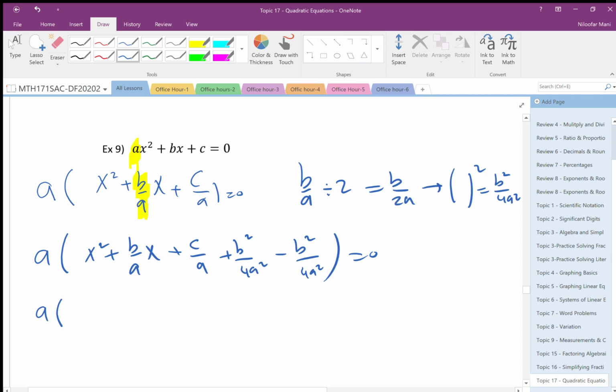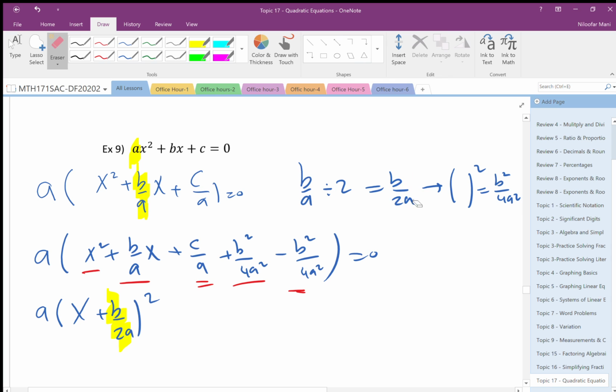Okay, so I consider this and this and this. These two together, it is x plus b over 2a squared. Okay, how do I know? I check here. See?